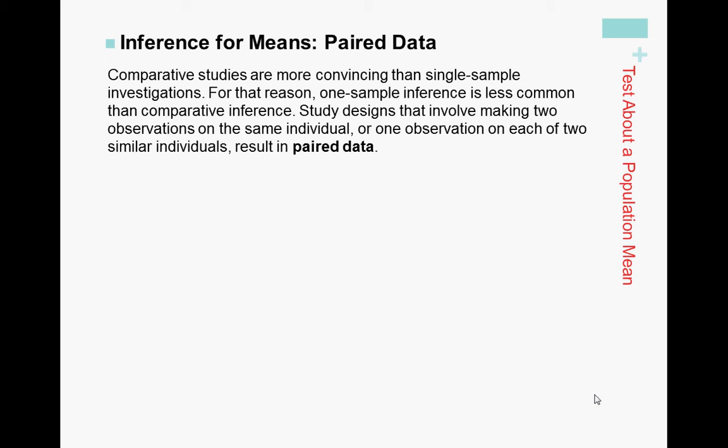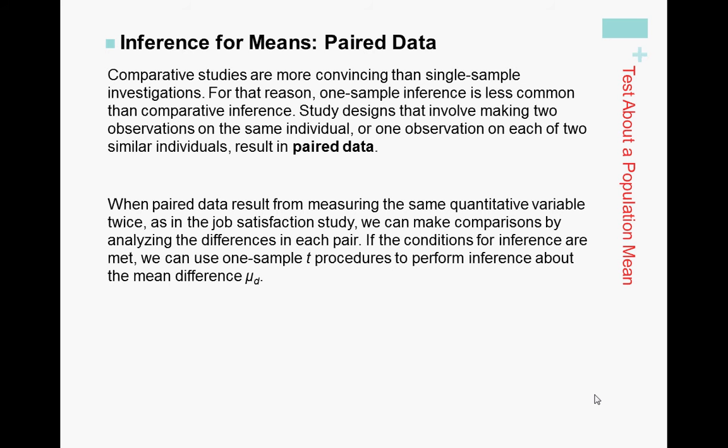When paired data results from measuring the same quantitative variable twice, as in a job satisfaction survey. So that could be saying, how satisfied are you, and asking someone 1 month after they're in the job, and then asking them 1 year after they're in the job. So same person, same question, but different times. But we can make comparisons by analyzing the difference in each pair.